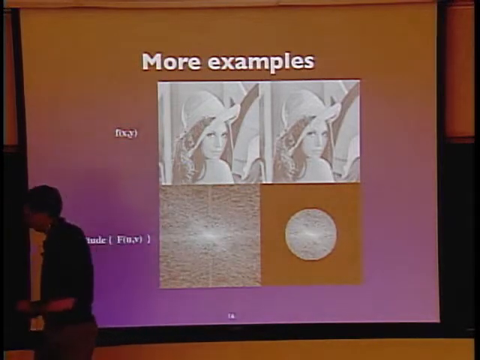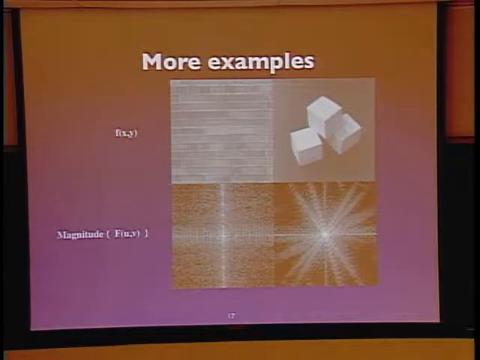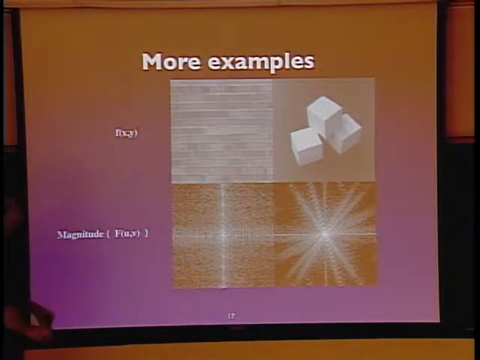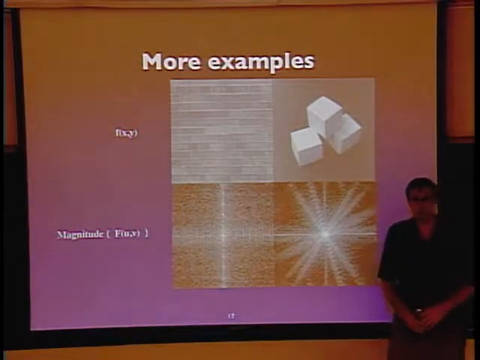So again, the Fourier transform tells the story of your image in some sense, and the graphical depiction of it tells that story in a little bit more immediate or intuitive way. Here are some more examples. We have a brick wall and its Fourier transform, and then a set of blocks and its Fourier transform.